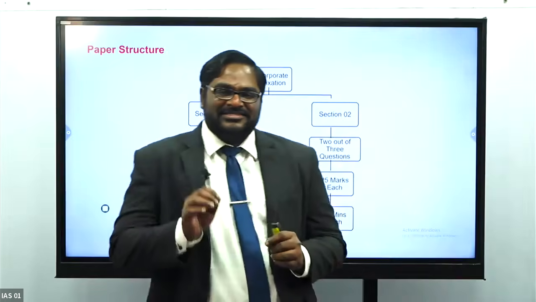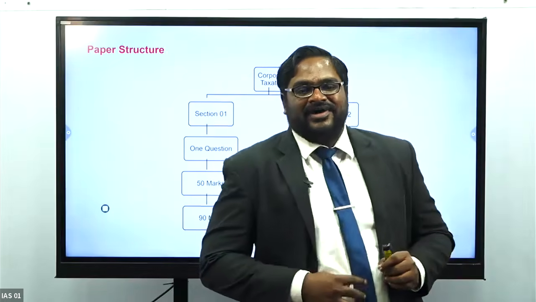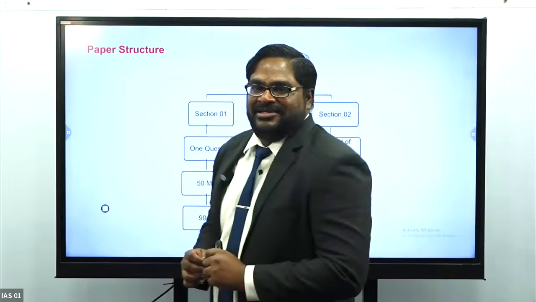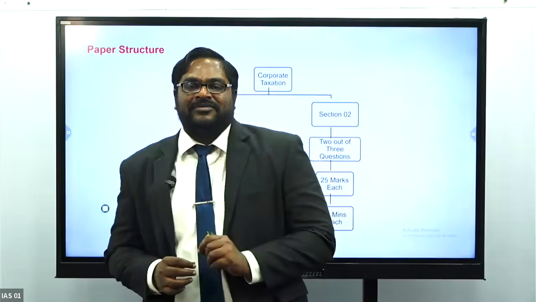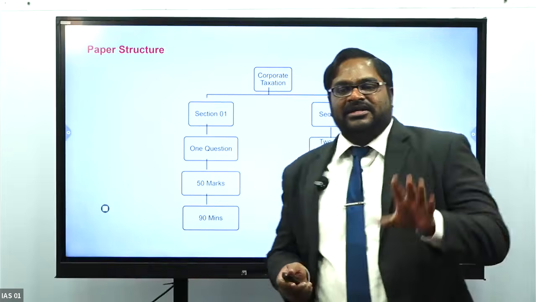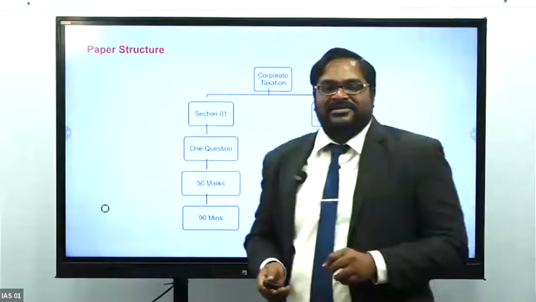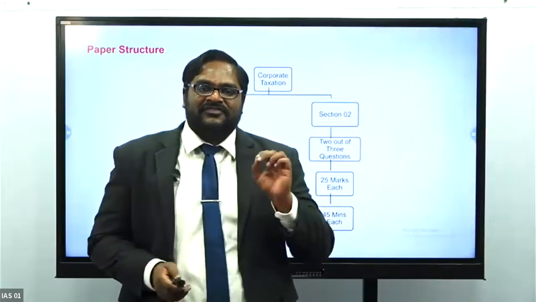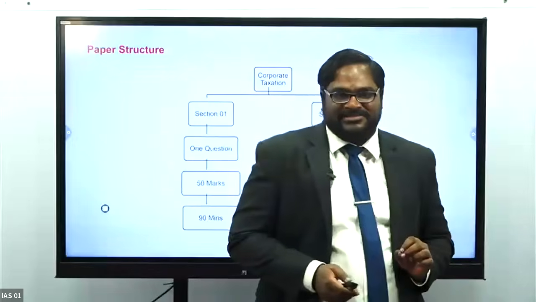I would say this is a kind of a trick. Why? When we are trying to select, we make mistakes. We spend a lot of time deciding which question to select and which to omit. That is the biggest mistake that we make in these kinds of choice-driven examinations.